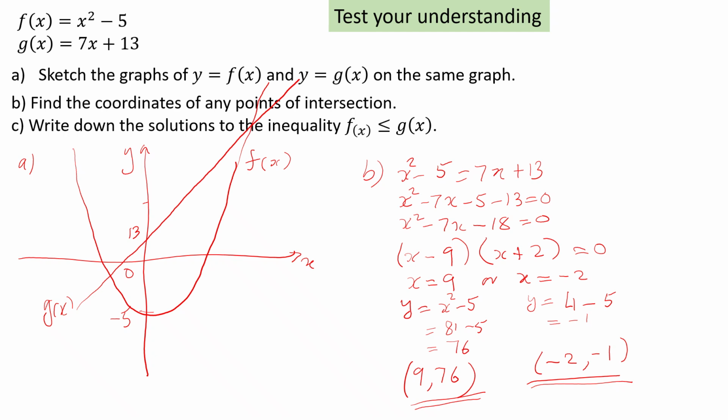Now third part, write down the solution to the inequality f(x) less than or equal to g(x). f(x), the quadratic graph, below the straight line. Below the straight line, the quadratic graph is this part.